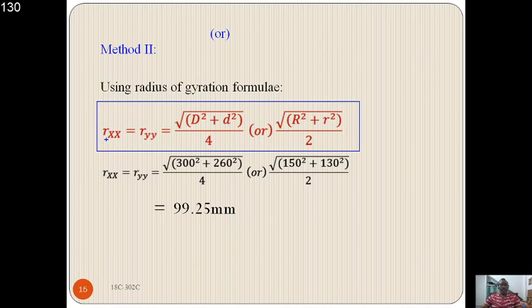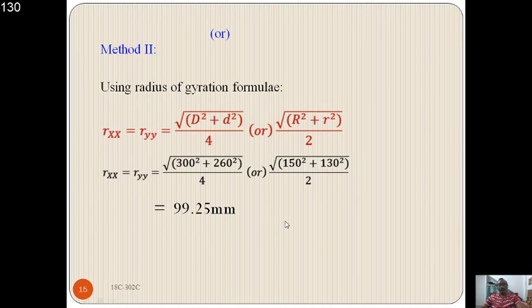Therefore, radius of gyration is equal to the square root of the summation of squares of the dias of inner and outer, divided by 4. So use this formula to find the radius of gyration for the hollow circular section. So it takes only 1 minute to solve the problem.